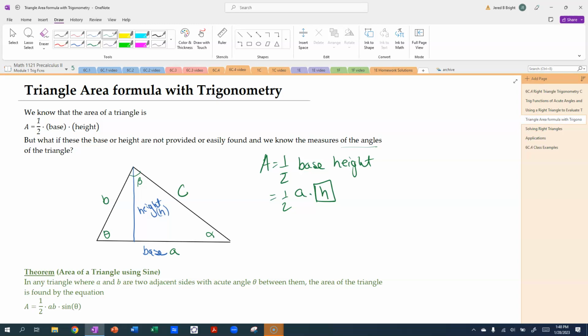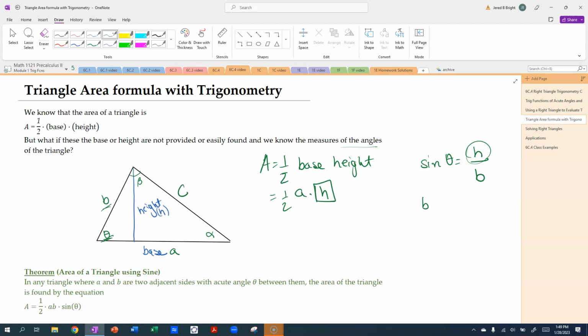You maybe saw it, maybe you didn't, but I noticed that I would have theta, I would have b, and then I don't know h, but I can relate theta, h, and b using the sine function. So I could do sine of theta is equal to h over b. And then since h is unknown, I could solve for it.